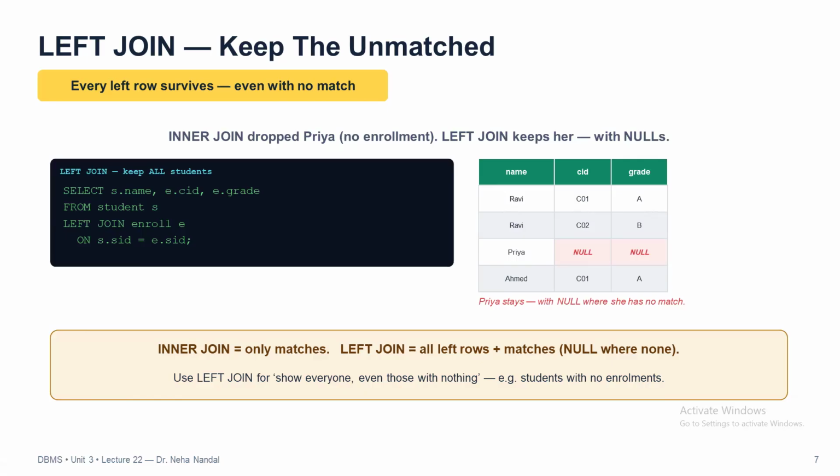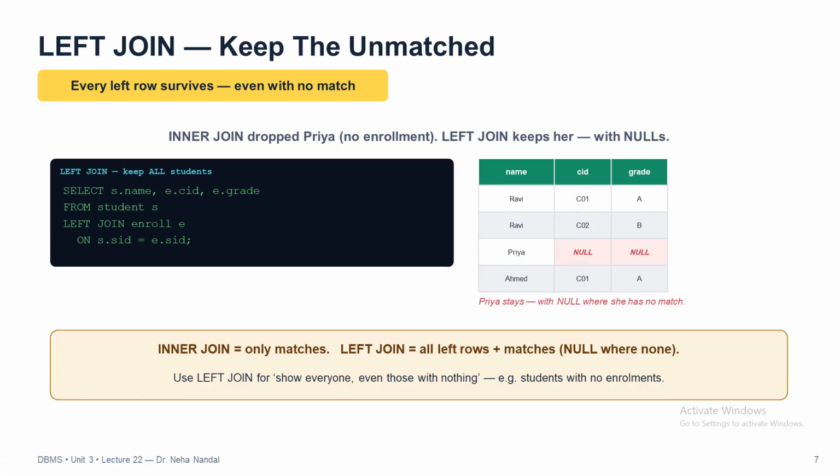Suppose you have written student left join enroll, then data of the left side table, that is the student table, even if some entries are not matching with the right hand side, still it will survive, still it will be displayed, maybe with null values where there is no match.